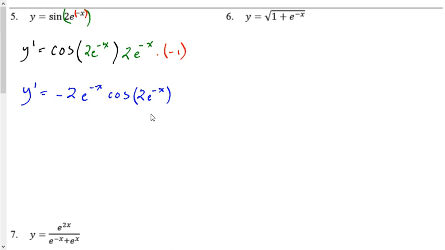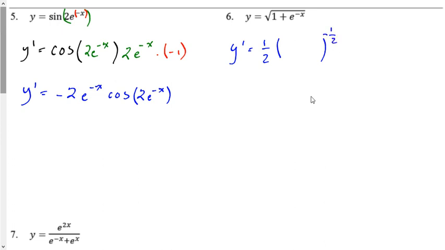Question number 6. Again, we have a few layers to a chain rule. We've done so many derivatives with square roots that I'm not going to rewrite it with an exponent of a half, but I'm going to think of it as though it had that exponent. So my derivative, outermost function, I'll bring down the half. The inside will be unchanged, and then I'll subtract 1 from the exponent.